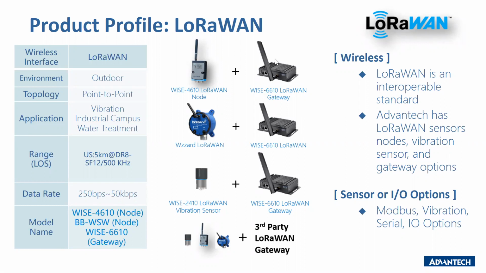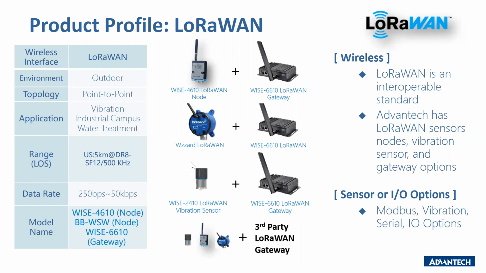Okay, cool. So product-wise, you've got the 4610. This is a sensor node talking back to our gateway. You've got the Wizard form factor. I apologize, this is confusing, but basically it's that same Wizard form factor, just with a LoRaWAN radio inside of it, talking to our gateway.